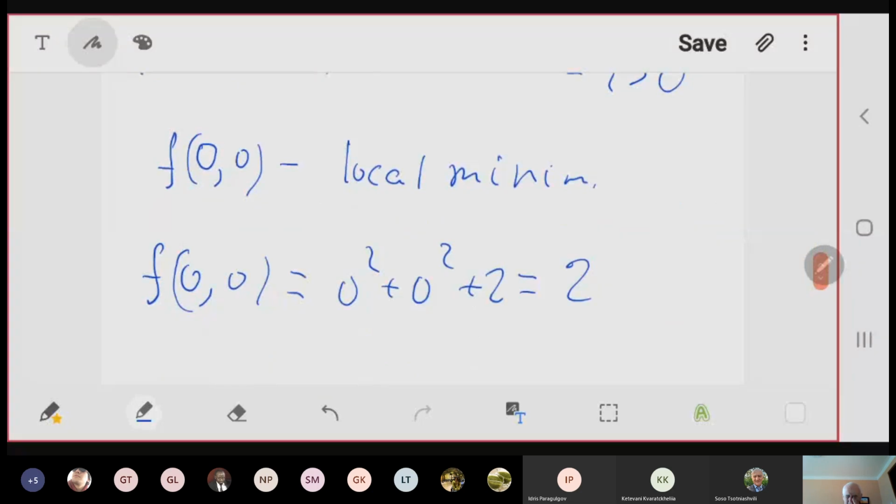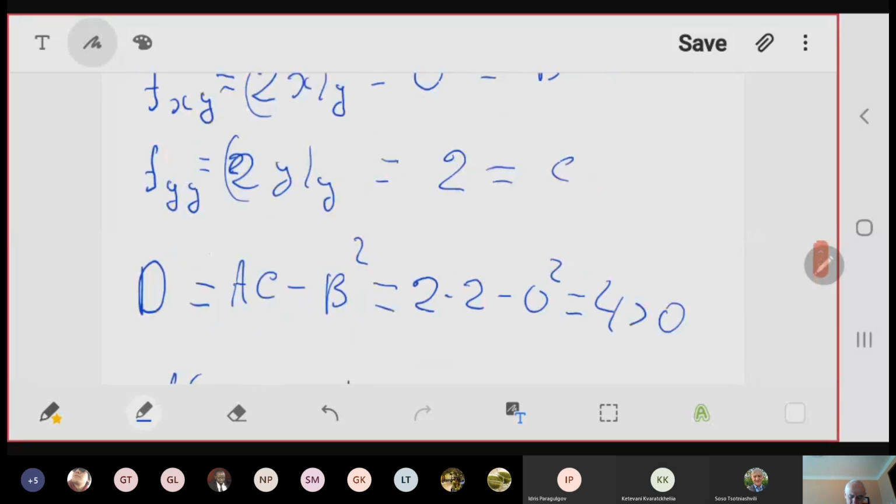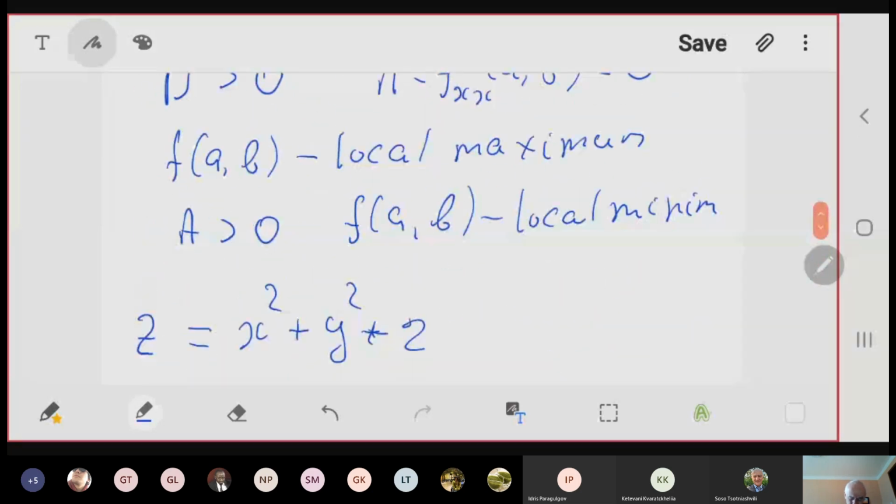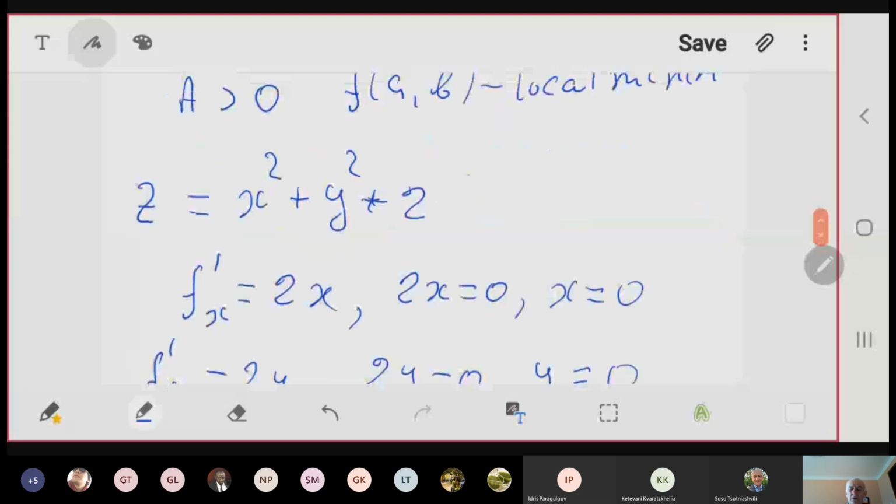It equals 2. So we found the local minimum. This function has one local minimum, and this local minimum is 2. So you can test it, and you cannot get a result less than 2 by replacing x and y with any numbers.